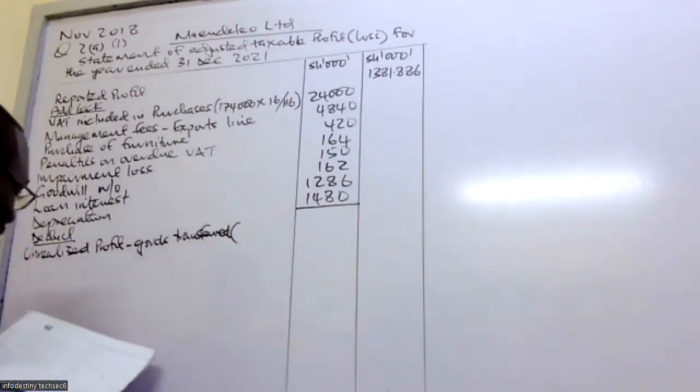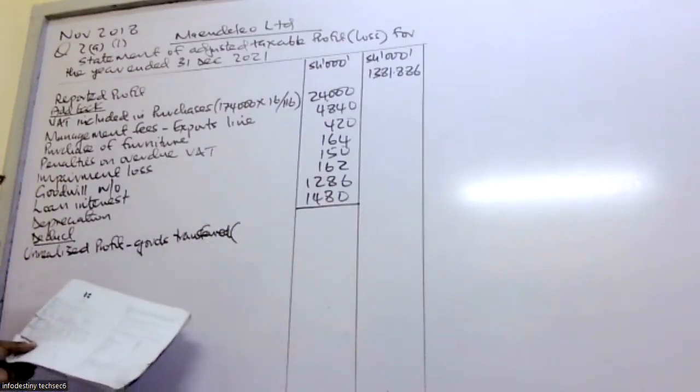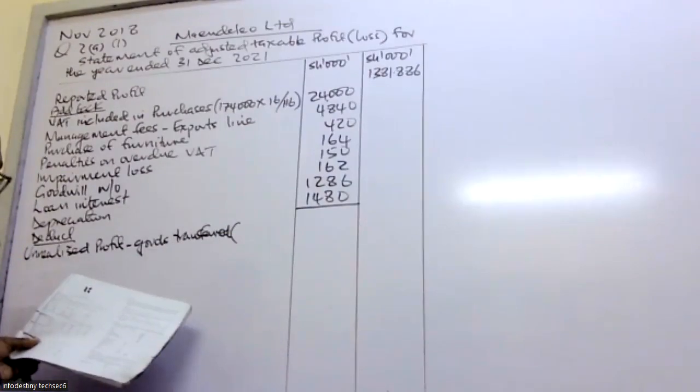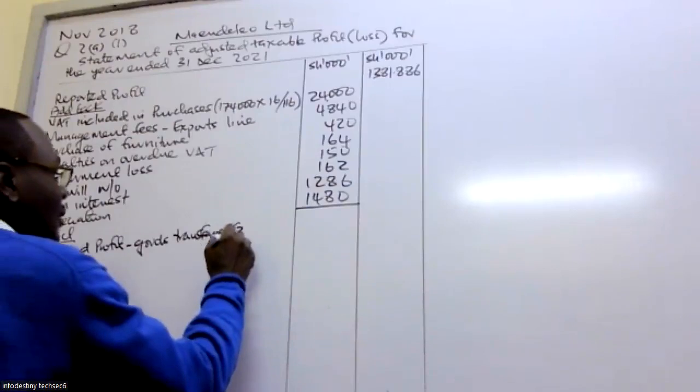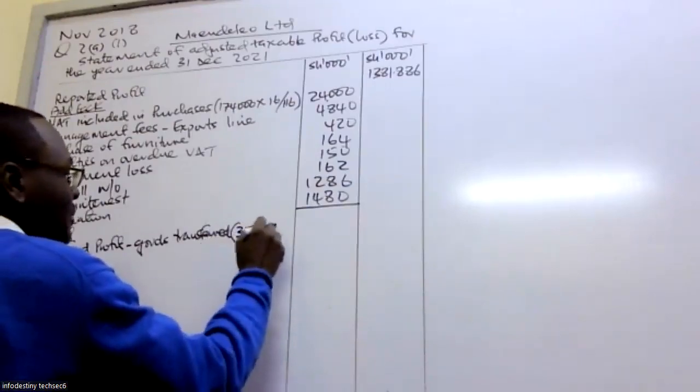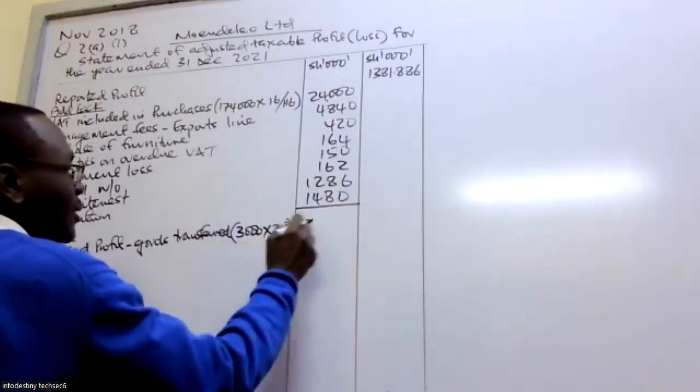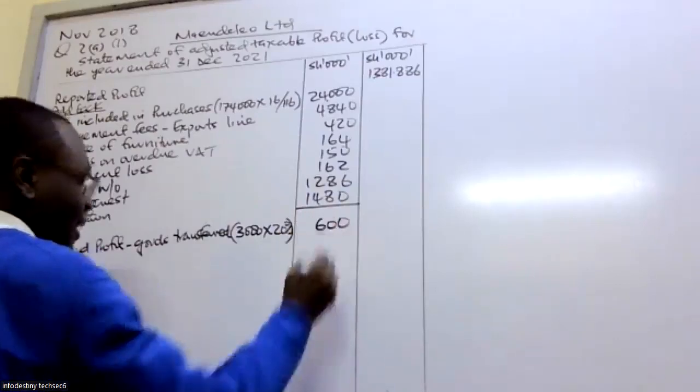Only 80% of the goods have been sold, so 20% of these goods have not been sold. So of the goods, 3,000, 20% has not been sold. So 600 is unrealized profit.